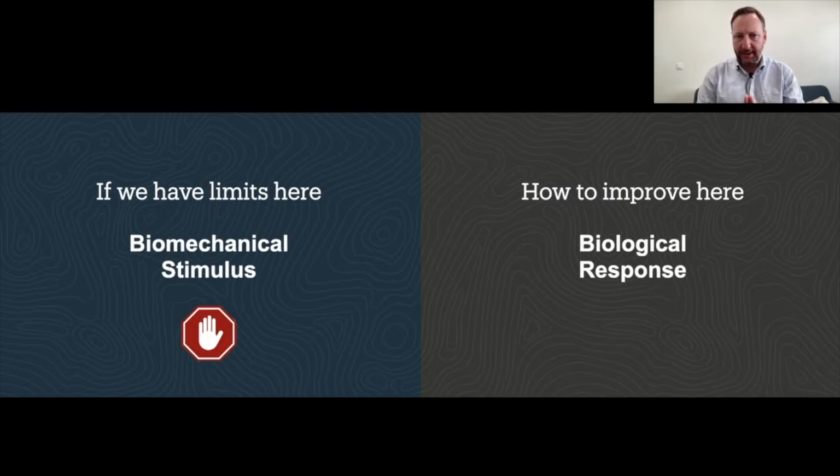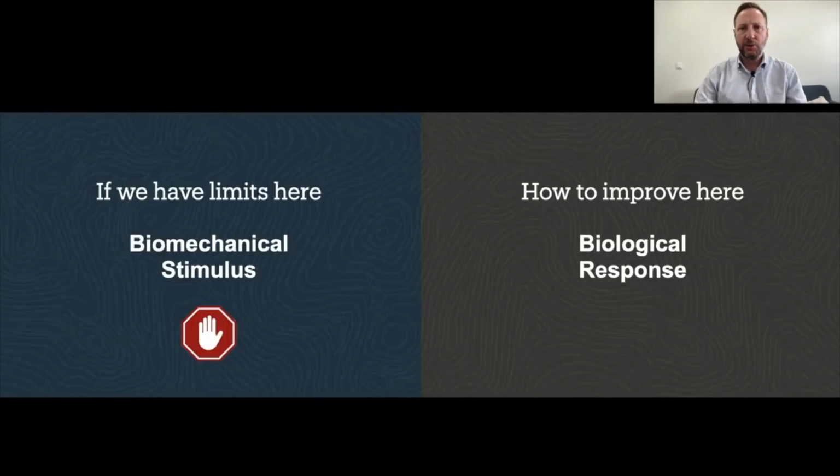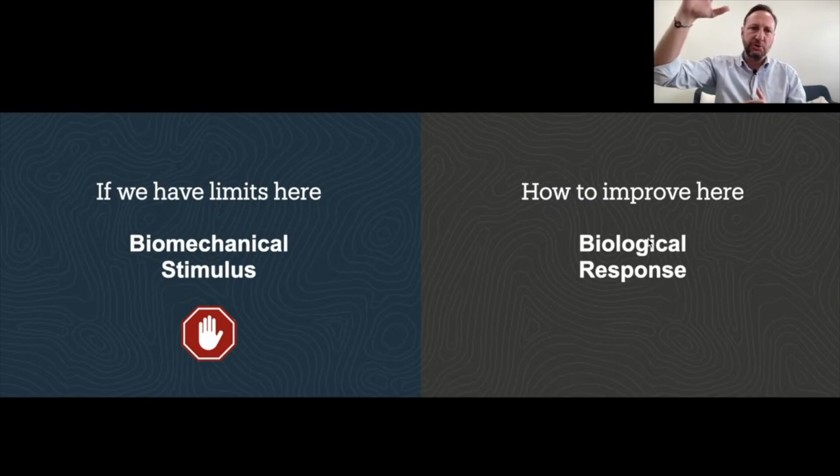But I cannot be more efficient. I have certain limits with this system I'm using, the aligners, because as I just shared with you in the previous slide, the biological response will occur only up to a certain level of force we can apply. So we need to think how to improve, or how we can extend this saturation limit so we can apply more force.